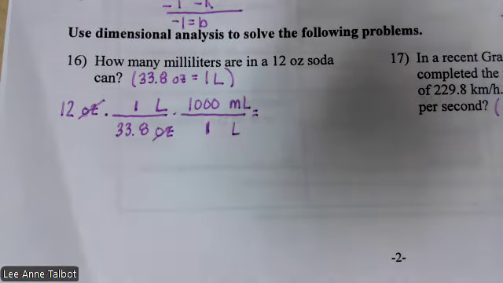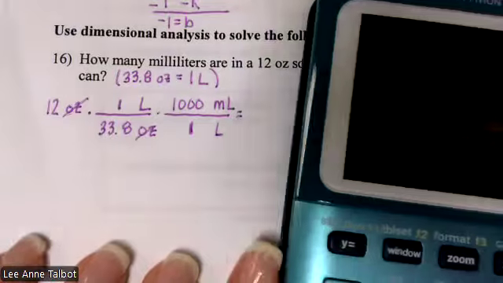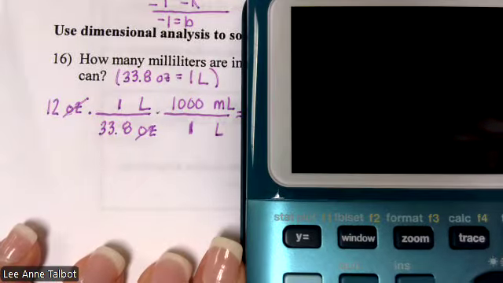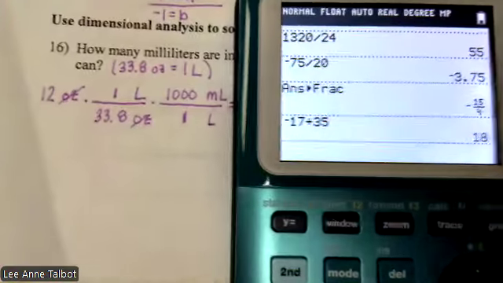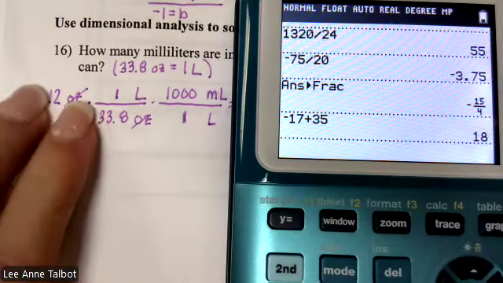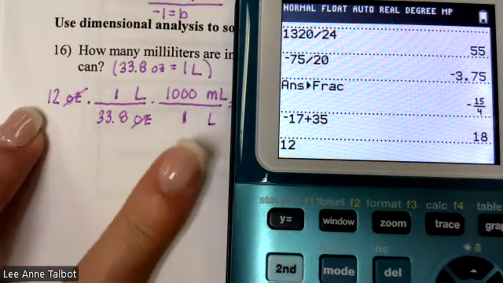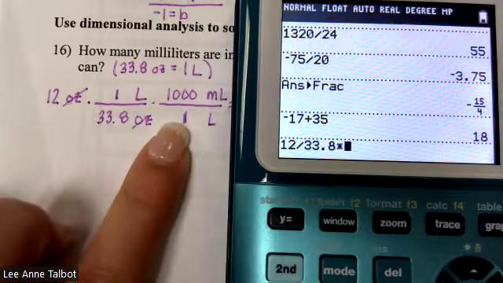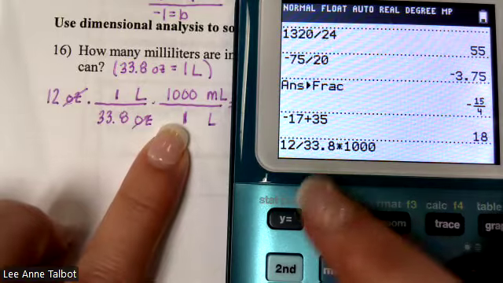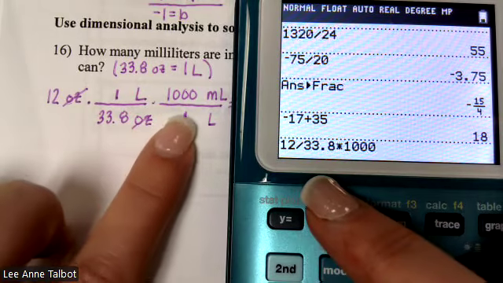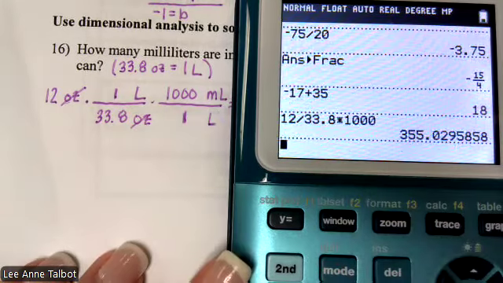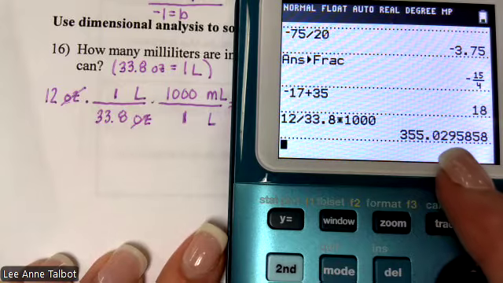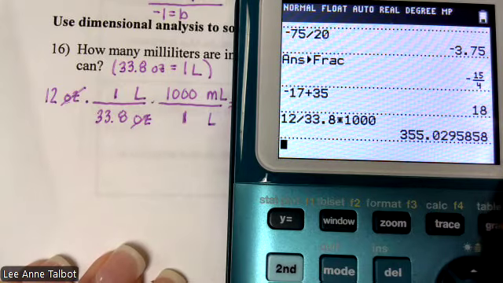And you're thinking to yourself, Mrs. Talbot, it's okay because I have the Google. I don't need to do these problems. The Google will tell me. And you're not wrong. Okay, so I'm going to go 12 divided by 33.8 times 1,000. So remember, you divide by the ones on the bottom and multiply by the ones on the top. 355.1 milliliters.